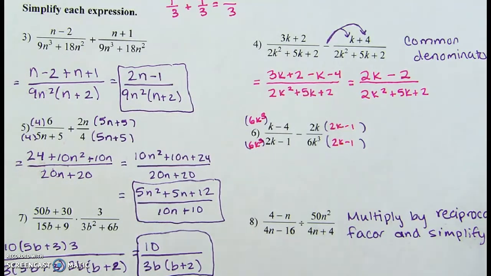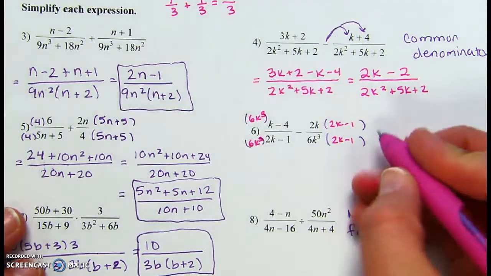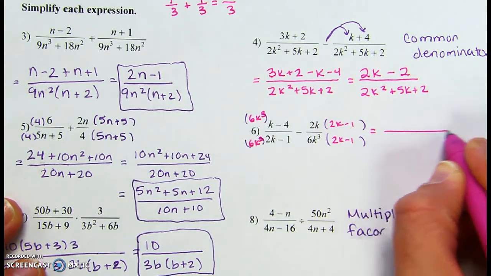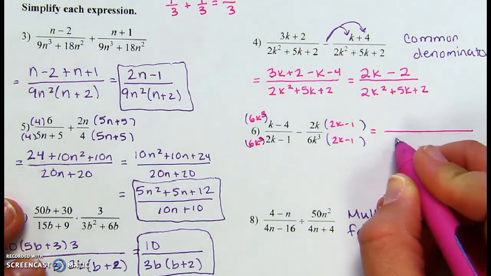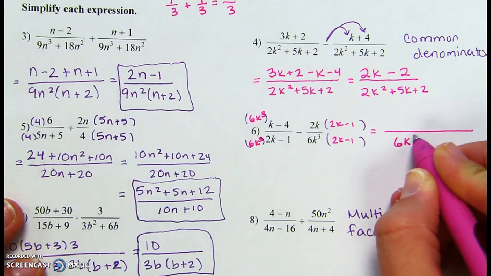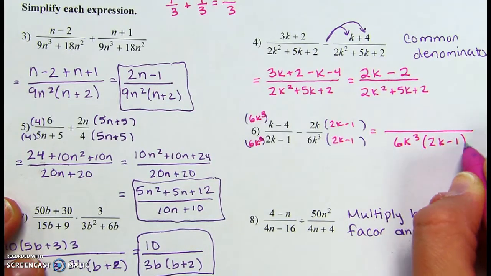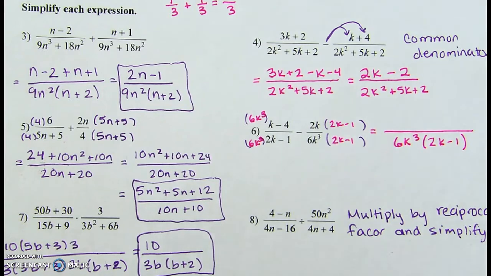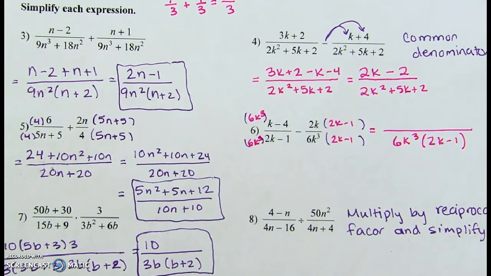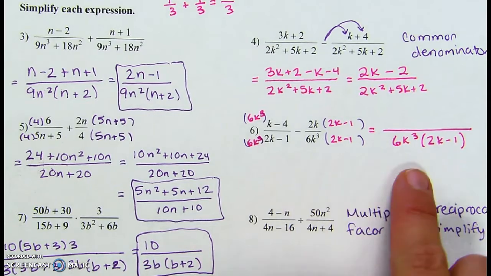Yeah, so do we need one fraction or two? We don't need two fractions anymore. We can now just write equals one fraction, and the common denominator will be 6k cubed times 2k minus 1. That's your goal, get a common denominator.